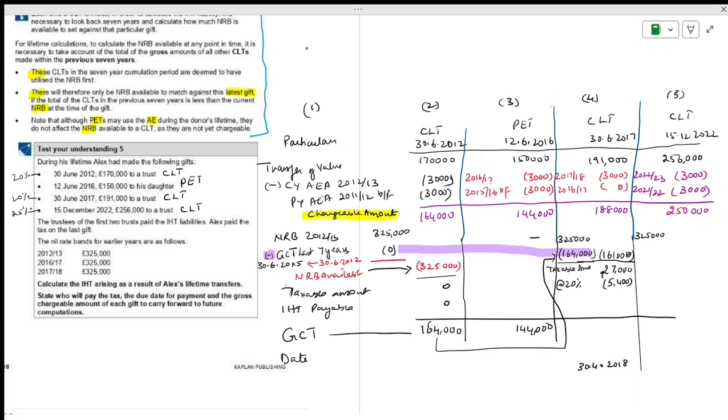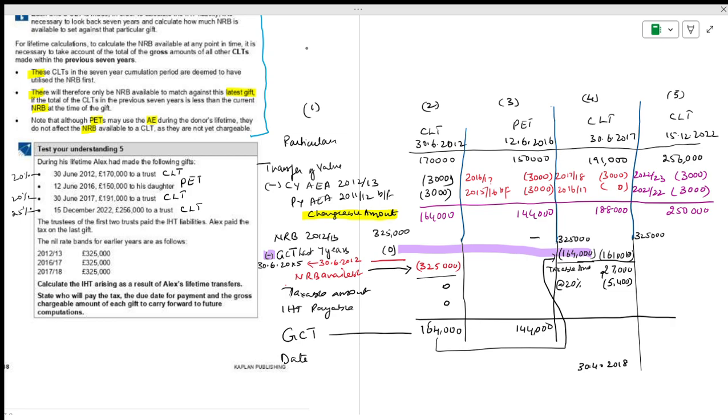It will be the new nil rate band, because that already completes 7 years. Is it right? 325. How much have they taken in the last 7 years?